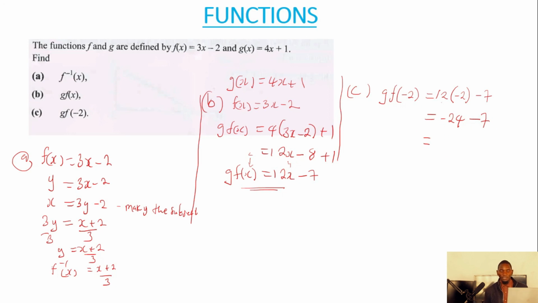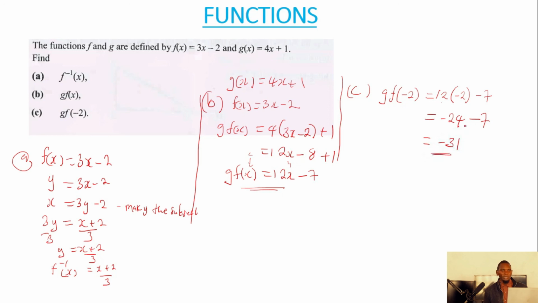If it's negative, you get negative. So we have negative 24 minus 7, which is you add, but you get the sign negative. So this is just 24 plus 7, the same as 27 plus 4. So 27 plus 3 is 30 plus 1, 31. So it will be negative 31.